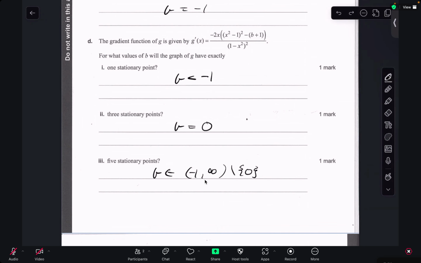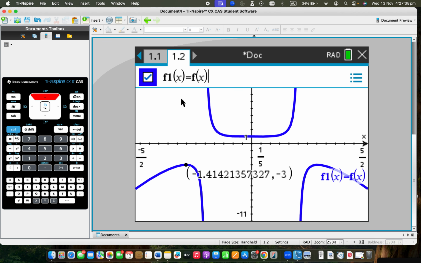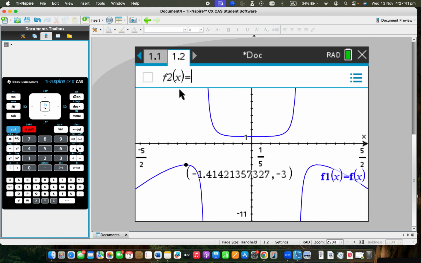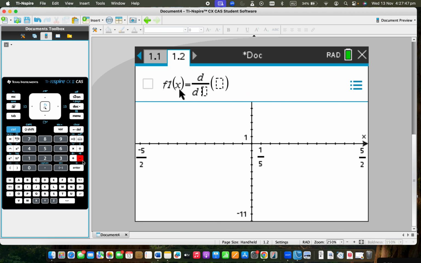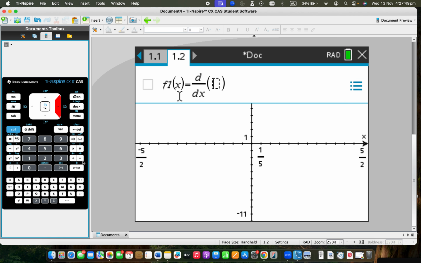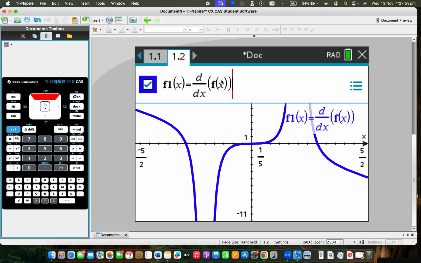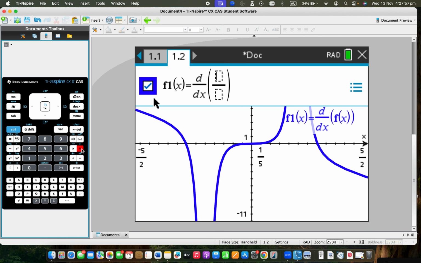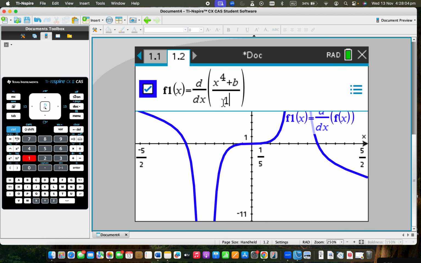Okay, let's just do a slider just to make sure. So we can draw the derivative. So I'm going to get rid of this, and I'm going to instead draw the derivative and see how many x-intercepts it has. Oh, it was g of x, whoops. g of x was x to the 4 plus b over 1 minus x squared.